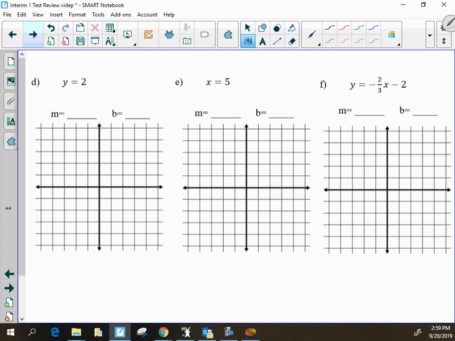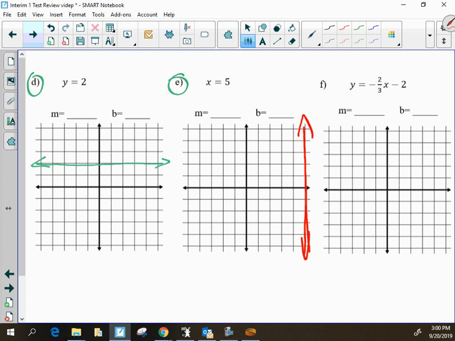Now, we have two specialty cases here in D and E. If you see y equals 2, that's just a horizontal line through 2. If you see x equals, then that's always going to be a vertical line through the value.